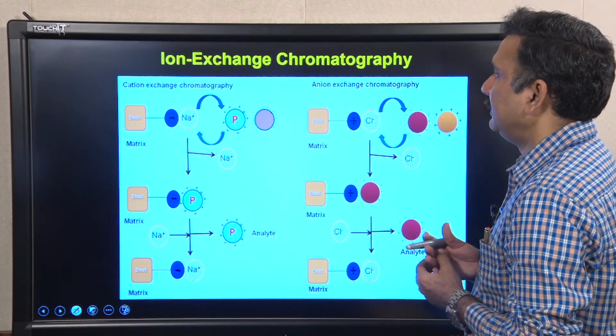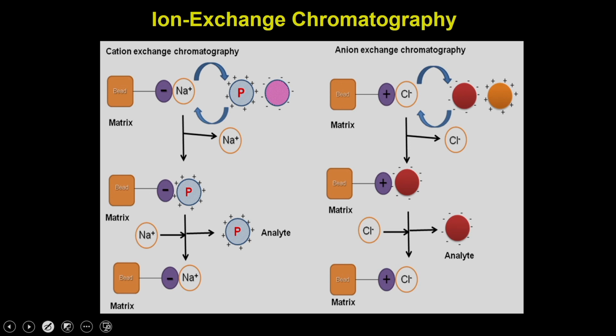So, this is the basic principle through which the cation or the anion exchange chromatography is working. You can see that you have the bead-bound matrix. In this case you have a negatively charged group which is attached to the sodium, the counter ion.